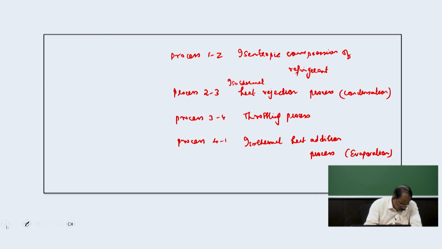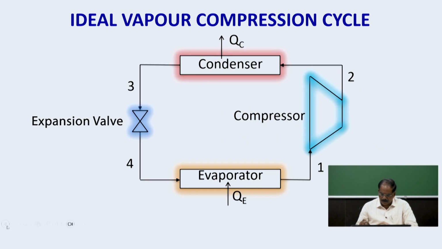Now, if you see this diagram, on the right hand side, I am increasing the pressure of the refrigerant from low pressure to high pressure, that is from evaporator pressure to condenser pressure. Whereas on the left side, the pressure of the refrigerant is reduced from condenser pressure to evaporator pressure. For doing the process 3 to 4, I am not using any electrical energy.